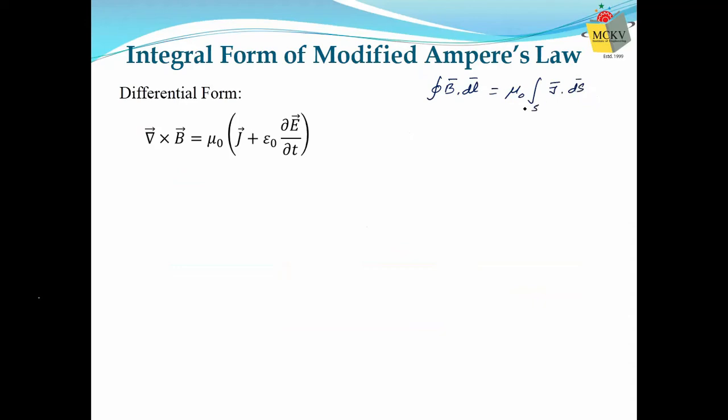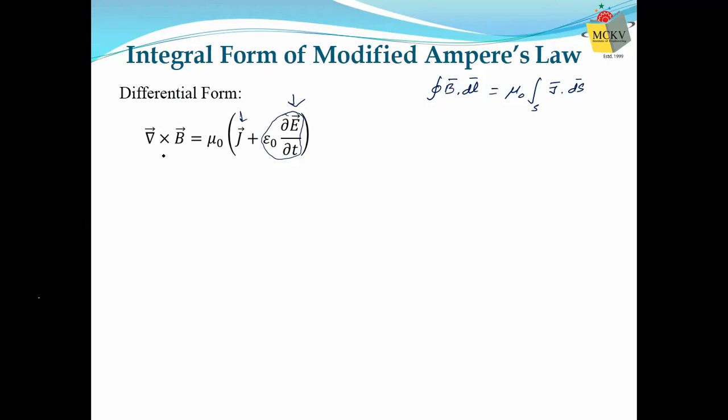That was the integral form of Ampere's law. Now Ampere's law is modified because of the introduction of this displacement current density. This whole thing is called displacement current density. Again, this is a misnomer. It is called displacement current density only in the sense that, like conventional current density, it can also produce magnetic field.